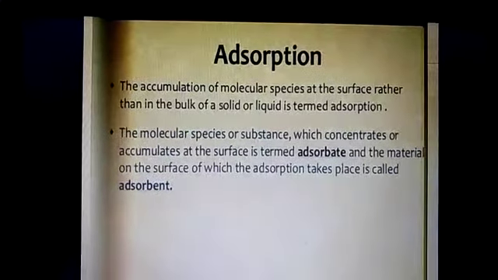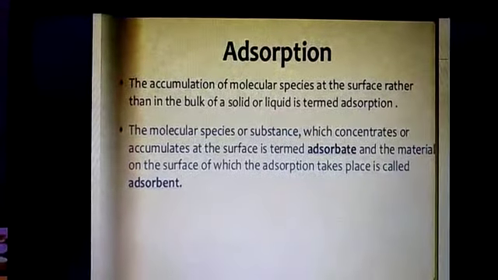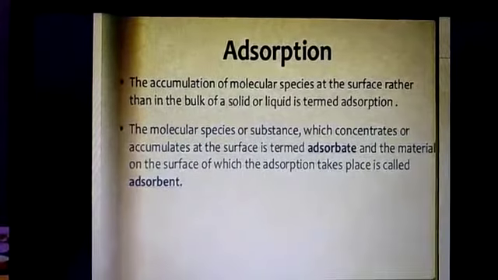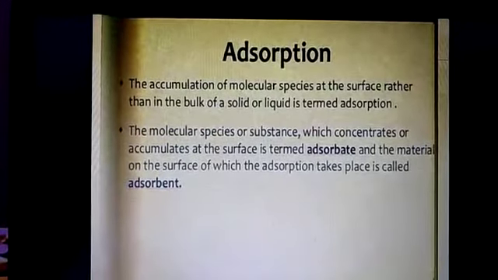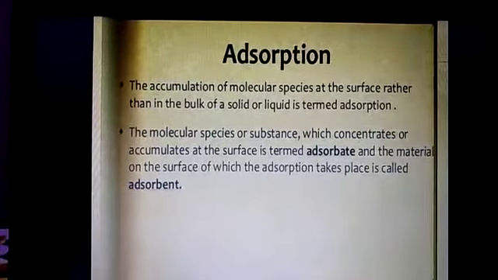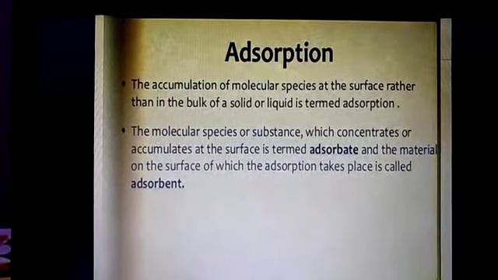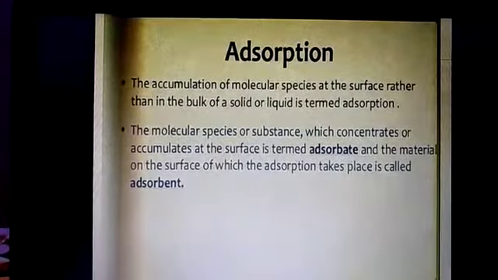Now, what do you mean by adsorption? The phenomenon of attracting and retaining the molecules of a substance on the surface of a liquid or a solid, resulting in a higher concentration of the molecules on the surface, is called adsorption.